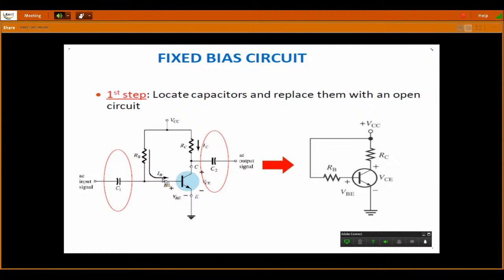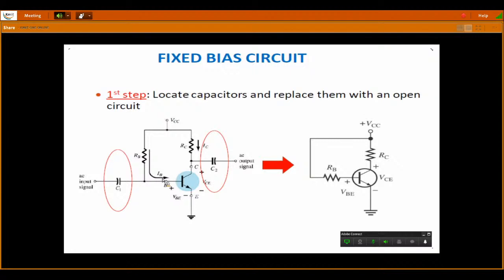So the stability factor is very high. We prefer a stability factor value which is very low. Lower values mean more stability, and higher values of stability factor lead to poor stability of an amplifier.